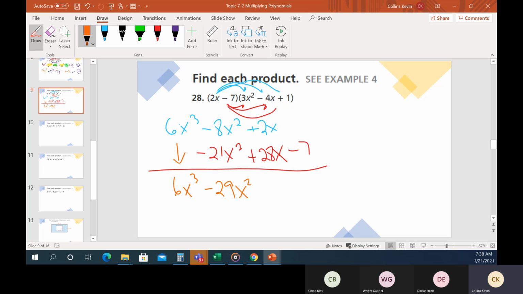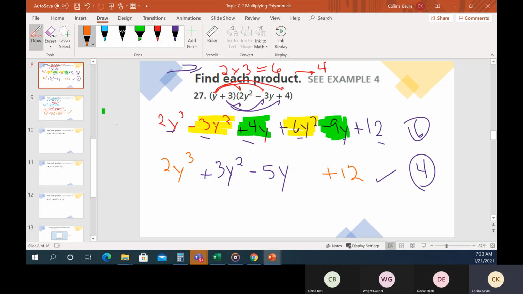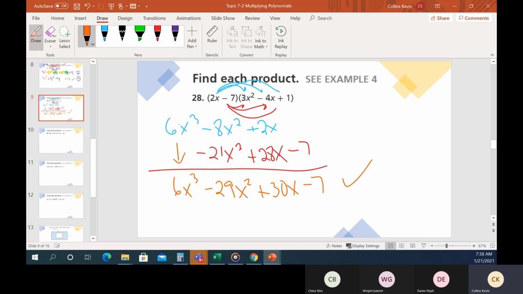And then we have 2 and 28, so it's going to be 30, x, and then minus 7. So there's our guy. So if you don't like trying to pick them together like that, if you offset it like this, then you can just line them up and everybody's in line.